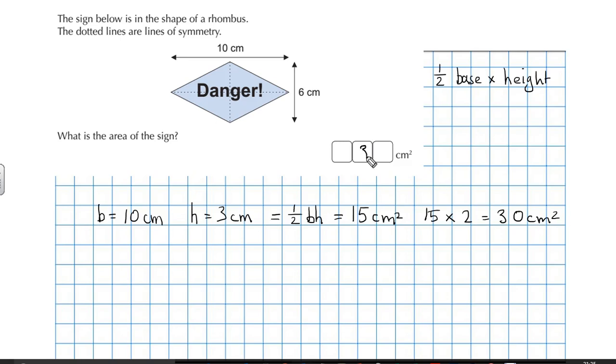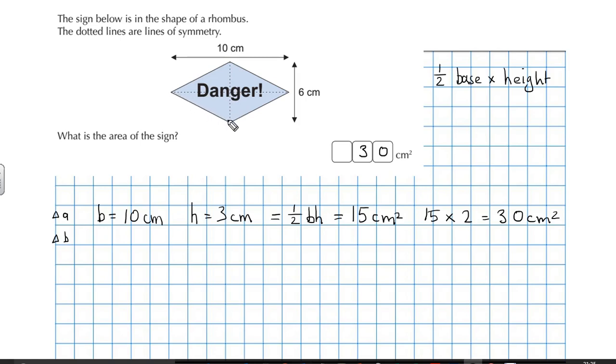Okay, so we can fill that in. That's 30 centimeters squared. Let's look if we could have done this another way. We could have used this triangle here. Okay, so we'll call the first one triangle A, and the second one we'll call triangle B. We'll use this one here.